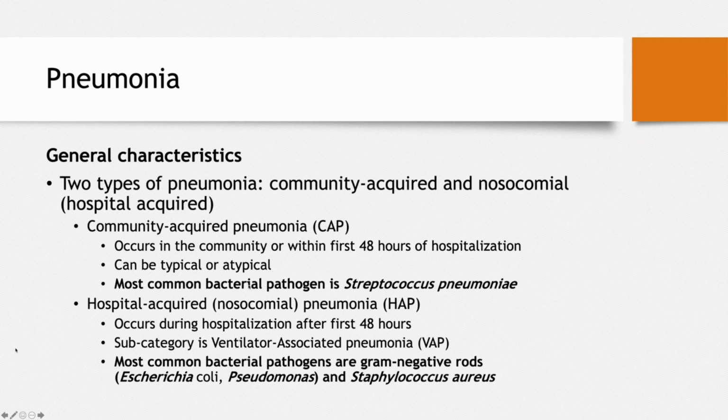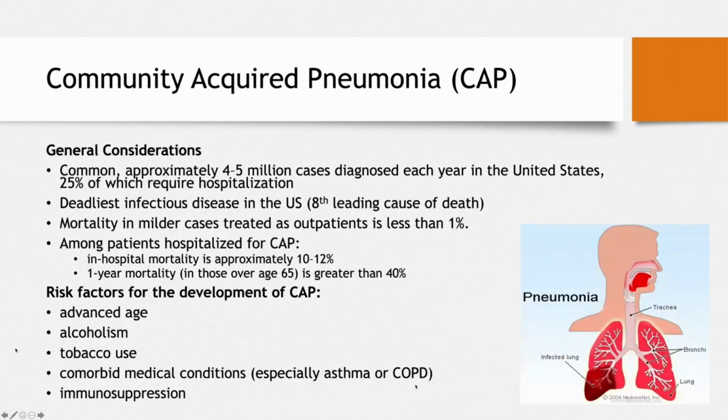And the most common bacterial pathogen is going to be Streptococcus pneumoniae, or strep pneumo. Okay. When we talk about hospital-acquired, there's a lot of less common types of bacteria that cause it. So E. coli, Pseudomonas, Staph aureus, those are the kind of infections we see. And a lot of these pathogens are highly resistant to antibiotics.